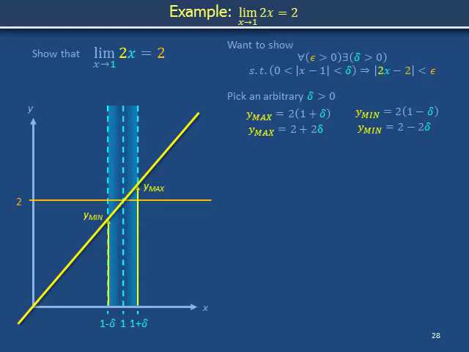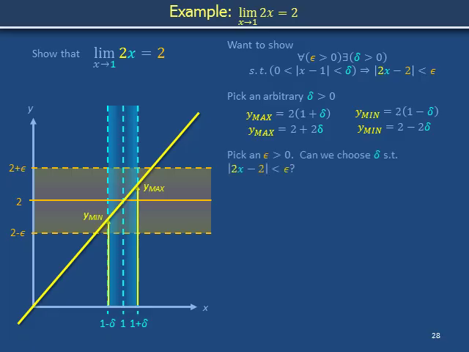Now that we have identified upper and lower bounds for f of x when x is restricted to take on values within the bands of width delta on the left and right sides of x equals 1, we use this information to tune delta to ensure that within the blue bands, the function is vertically confined to the golden interval between epsilon above and below y equals 2.